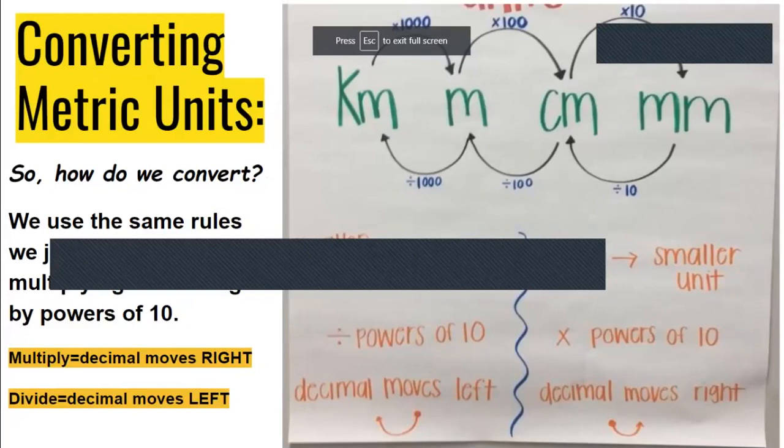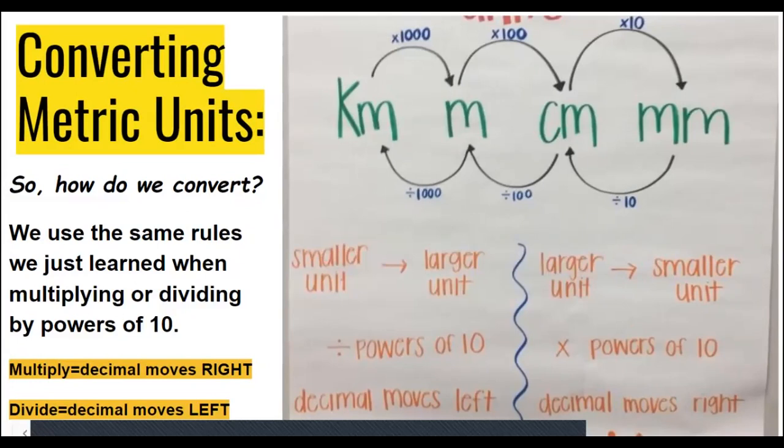So how do we convert metric units? We use the same rules we just learned when multiplying or dividing by powers of 10. When we multiply, the decimal moves to the right. When we divide, the decimal moves to the left.